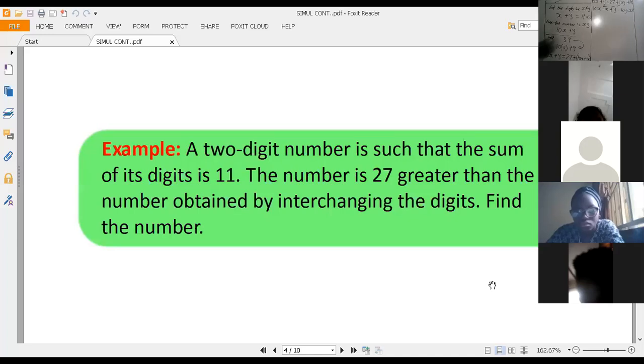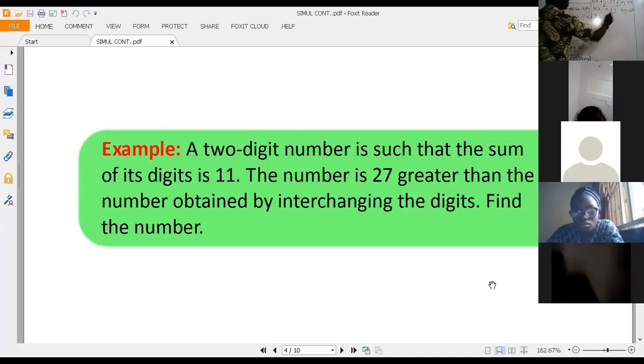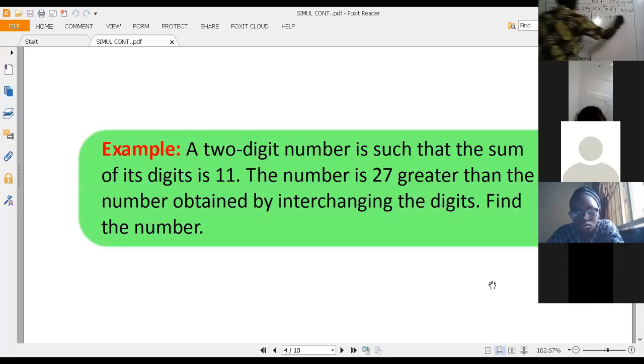So this will give us 9x, 10x minus x, you have 9x, and for this, you have minus 9y. Minus 9y equals 27.